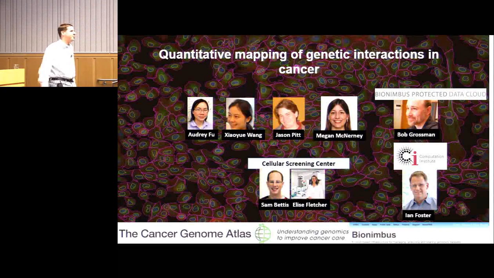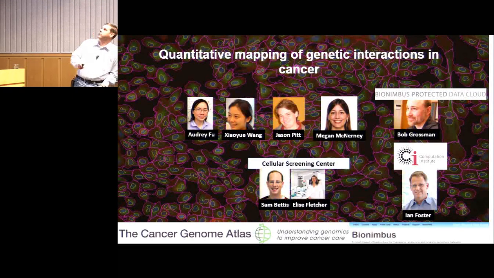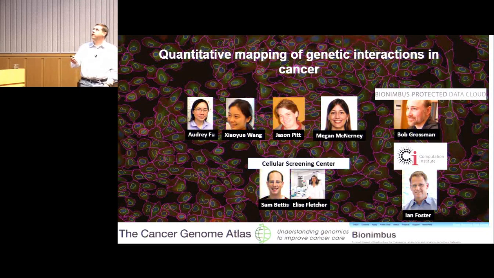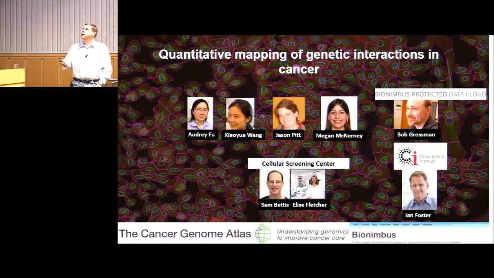So the first part of this presentation, I just want to acknowledge up front some of the people that have been involved. Audrey is a statistician in my laboratory. Xiao Wei is a wet lab person, and she started her own lab now in Beijing. Jason is a computational biology student, and Megan is a doctor.